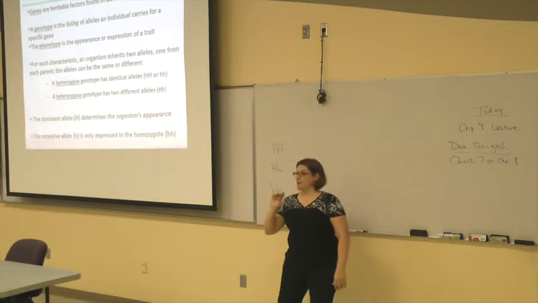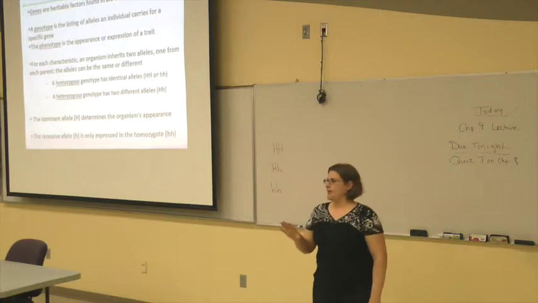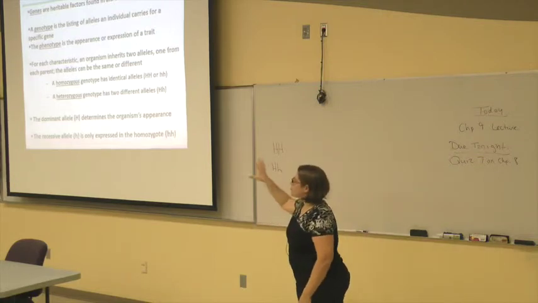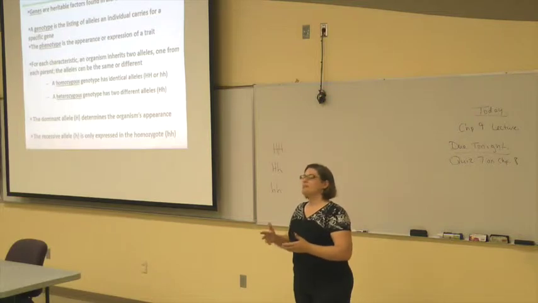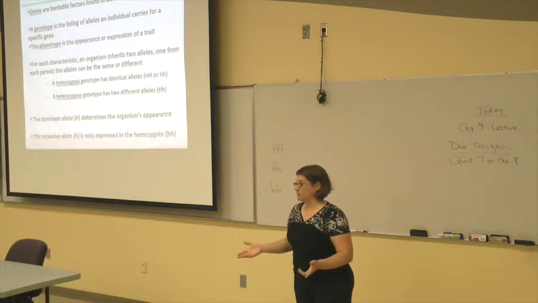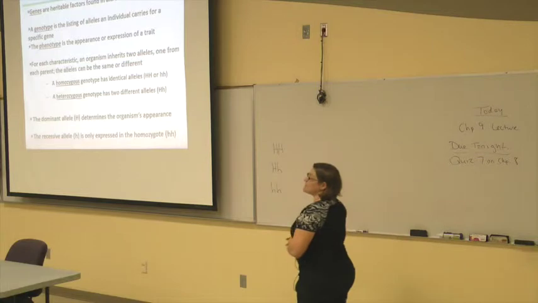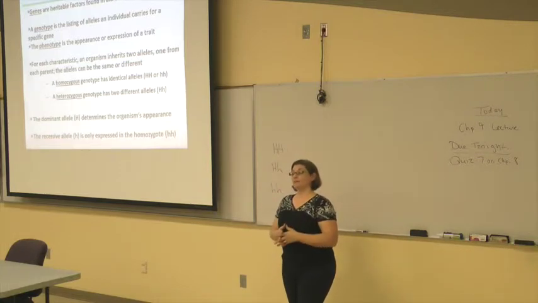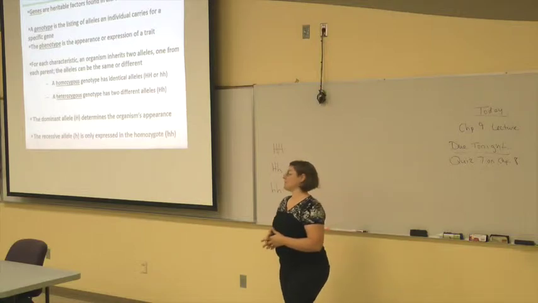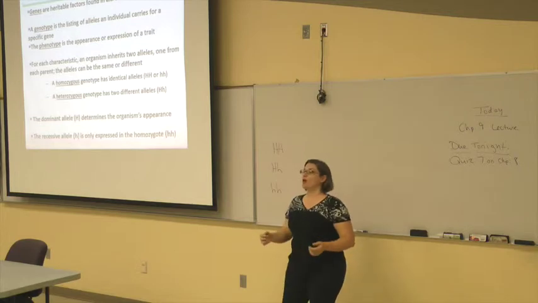Now, a phenotype. That's another really important vocab term. The phenotype is the expression of the genotype. It is something's appearance. It's what you can see or measure. A trait that can be seen or measured is the phenotype, and it is determined, of course, by the genotype. So let's just say that H's refer to your height.